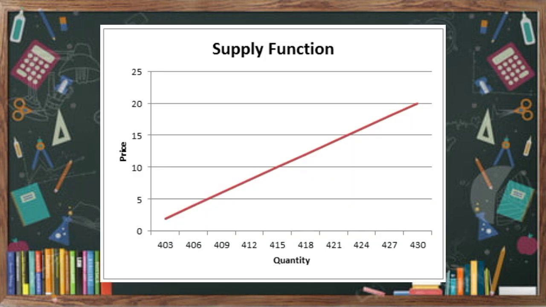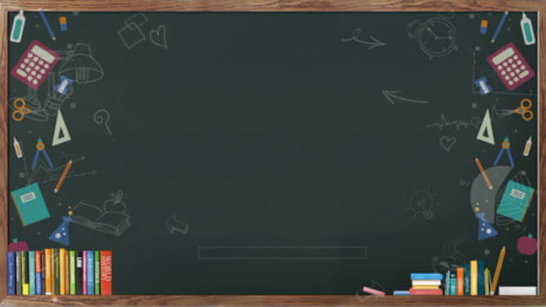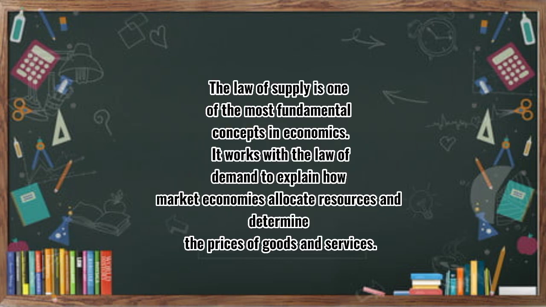The information from the supply function can be plotted as a simple graph with quantity supplied on the x-axis and price on the y-axis. This is called a supply curve. Next is the law of supply. The law of supply is one of the most fundamental concepts in economics.